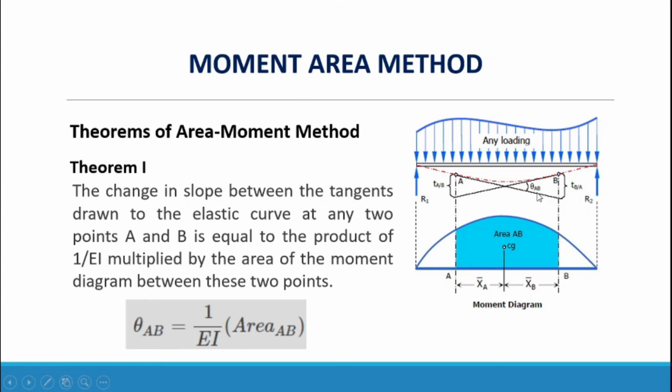The angle theta from A to B is equal to 1 over EI multiplied by the area from A to B based on the moment diagram.